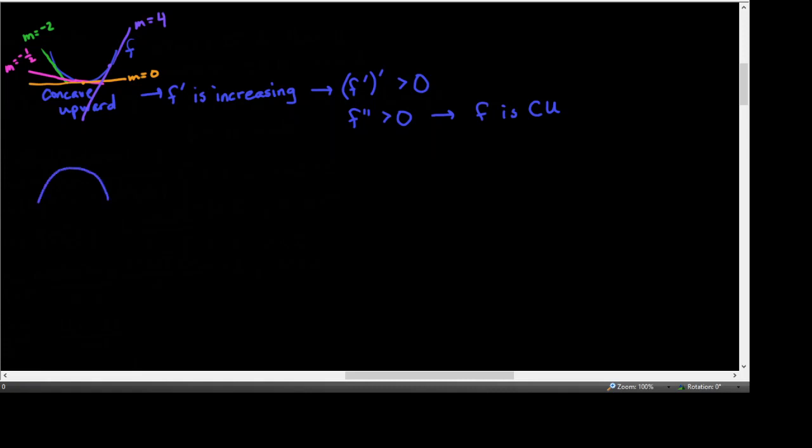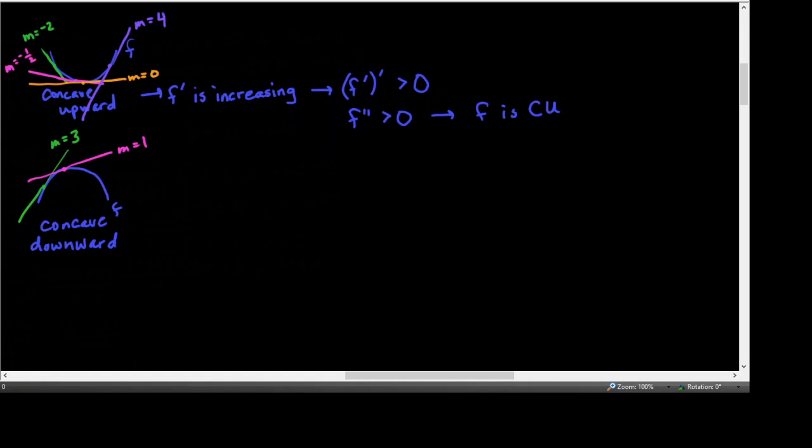Okay, concave downward looks like this. So this is some function f. Let's look at what's happening to its derivatives as we move from left to right. So let's say that slope is 3. And then this slope is 1 maybe.